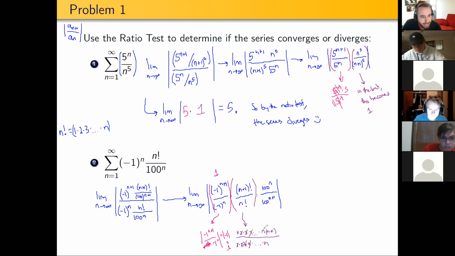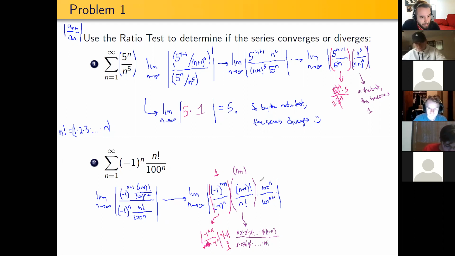Everything cancels up to the n canceling. And so what we end up with is just whatever's left, and that is an n plus 1 in the numerator. And so the factorial actually simplifies really nicely as well.